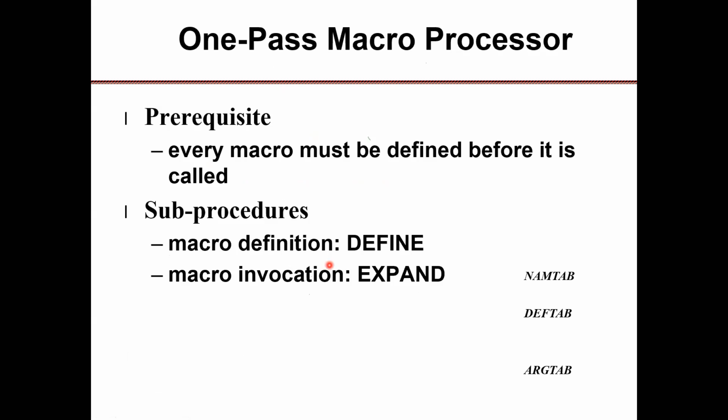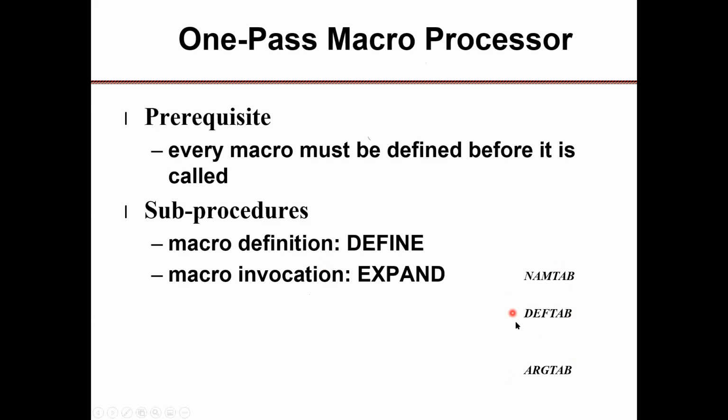Okay, so now let's talk about macro processors and how we would actually implement these. Kind of off to the right here, the three data structures that we're going to need to work with are the name tab, the define tab, and the arg tab, which we've seen before, right?